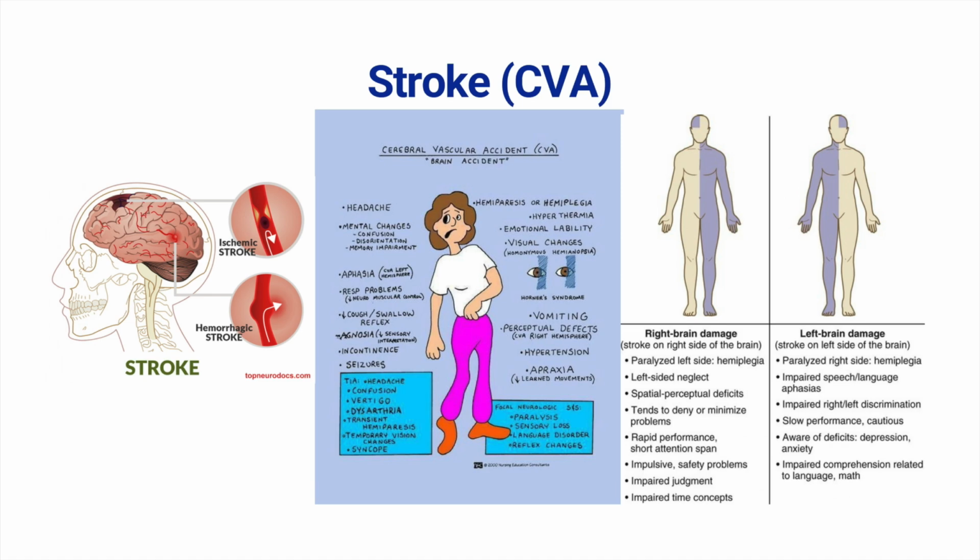Orthotic intervention following stroke aims to improve walking safety, restore functional alignment, and also reduce the risk of falls. AFOs are commonly prescribed to manage foot drop, improve ankle stability, and also enhance gait symmetry. In more severe cases where knee control is also compromised, a KAFO, knee ankle foot orthosis, may be required to provide additional stability during stance.